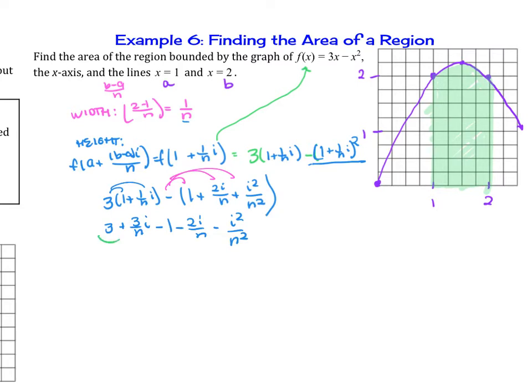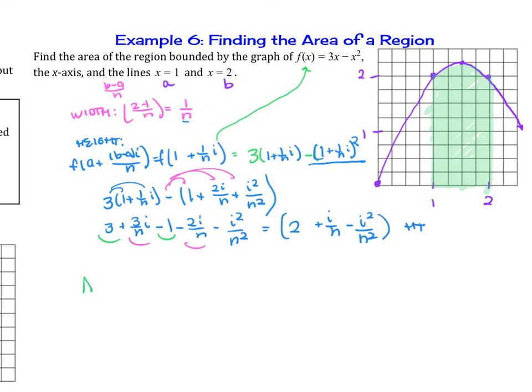And then combining like terms here, this is going to be 2 plus i over n minus i squared over n squared. So this here is our height.